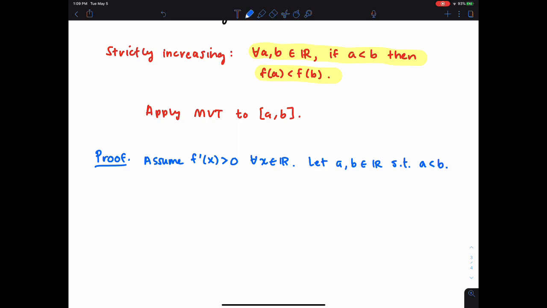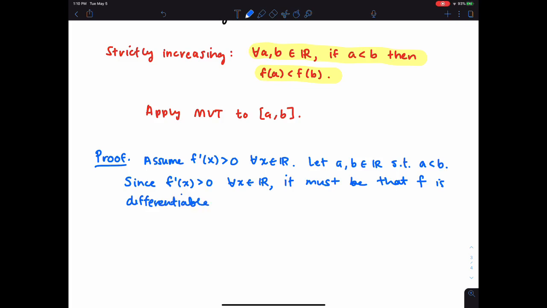So since f prime of x is greater than 0 for all x in R, it must be that f is differentiable on R, because it's implied that f prime of x exists for every real number if it's going to be greater than 0.